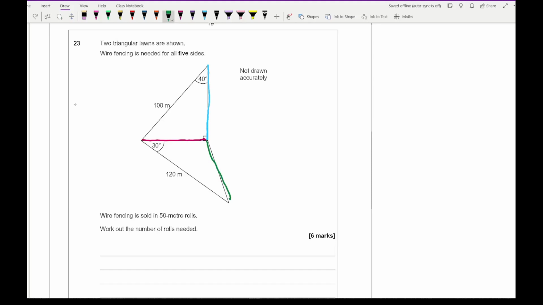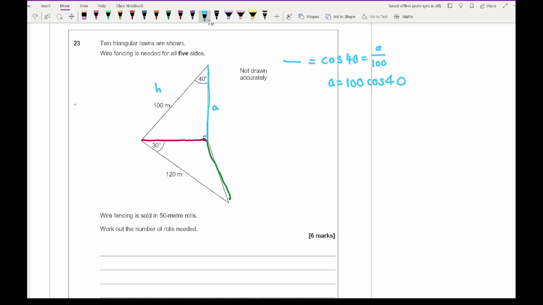Now we know that to find the blue and the purple line, I need to use SOHCAHTOA trig because it's a right angle triangle. So if I find the blue line, that is my adjacent, this is my hypotenuse. So cos 40 equals, and if I call that A, A over 100, so A equals 100 cos 40.